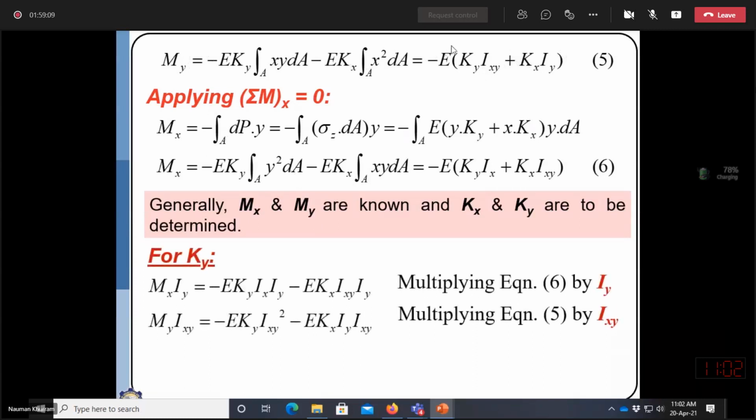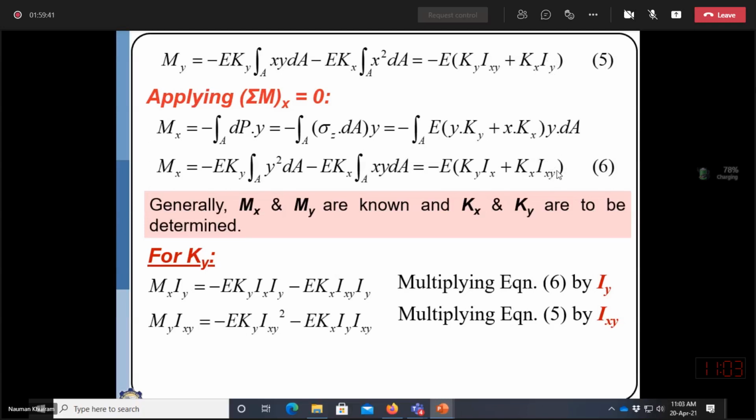So you will see how we can resolve equations 5 and 6 simultaneously. If I want to determine the curvature ky, I need to remove the parameter kx. In equation 5, we are having Iy with kx, and in equation 6 we are having product moment of inertia Ixy with kx.